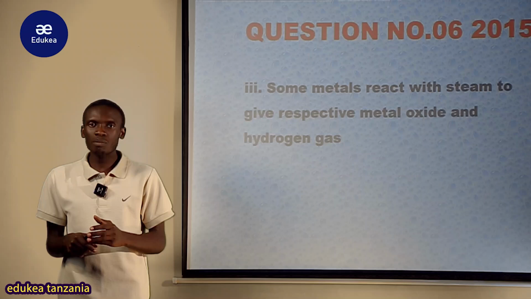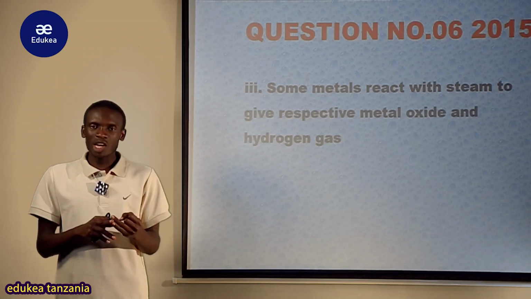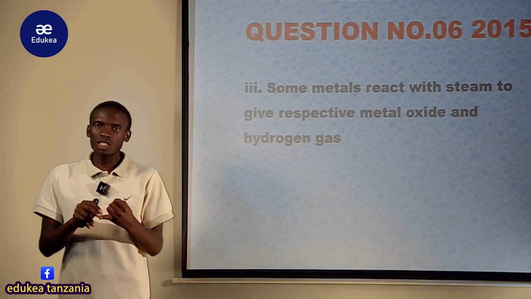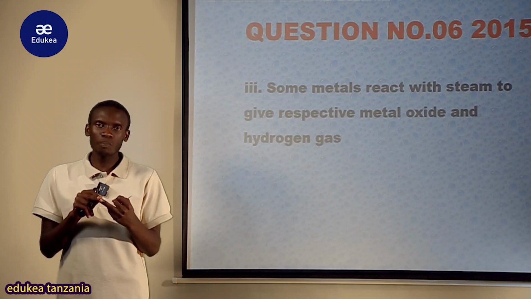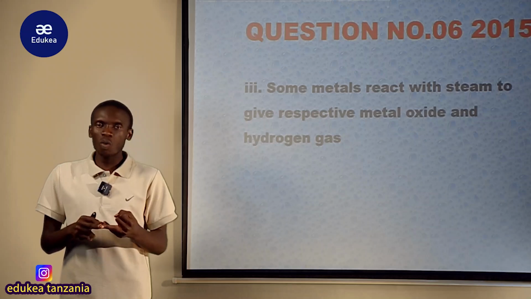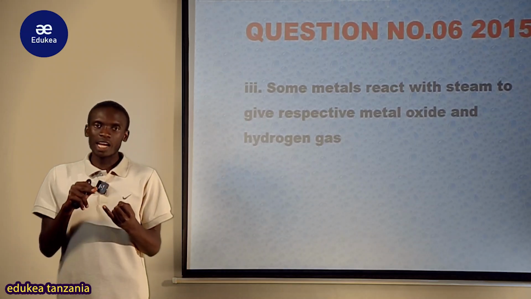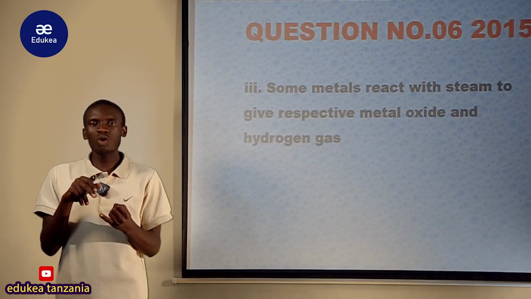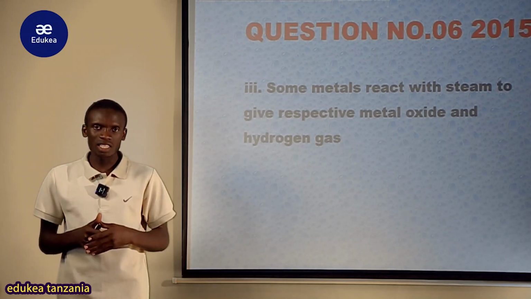Kwa hiyo wakati mwingine unakuja kuona kwamba hii itakusaidia pia. Hydrogen gas inaweza ikawa produced from water when it is hot or when it is cold. When it is cold, inaproduce metal hydroxide pamoja na hydrogen gas. When it is hot, it means the steam reacts with metal to produce metal oxide and hydrogen gas.